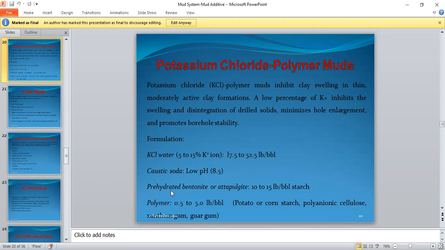You have gotten the normal volume you want. Then you have your polymers. So you see, basically, you have water, you have bentonites, viscosifiers, and you have polymers. And then the other things you had in water-based muds to take care of so many things, but these are the basic things you had in this type of mud.